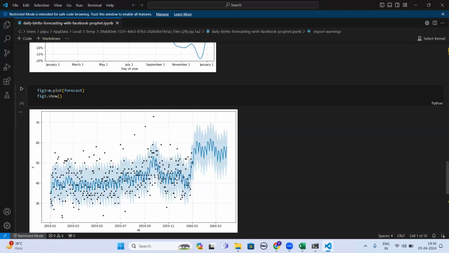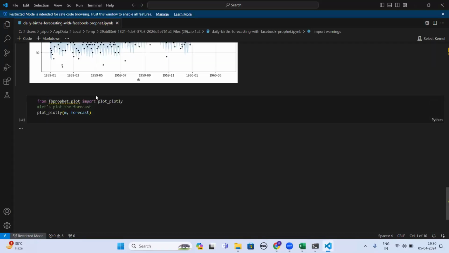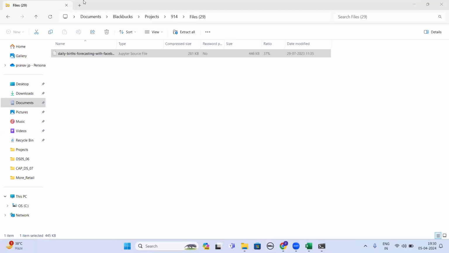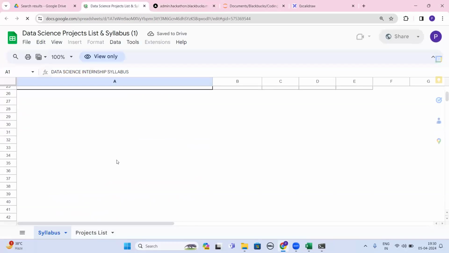After this is done, the next portion is about the plotting using the Prophet plot. So I think Prophet was included in your coursework, if I remember right. If you see your course curriculum, here it was included.